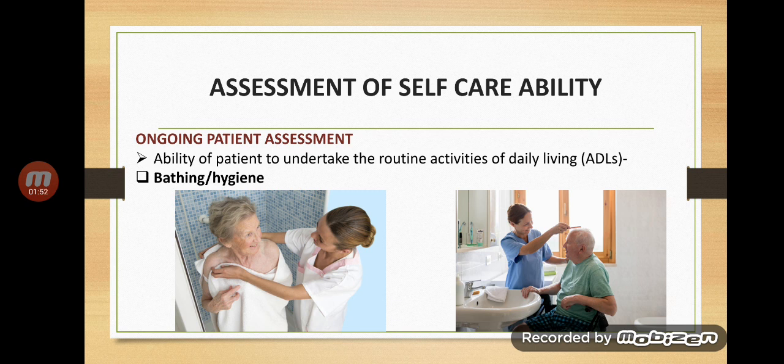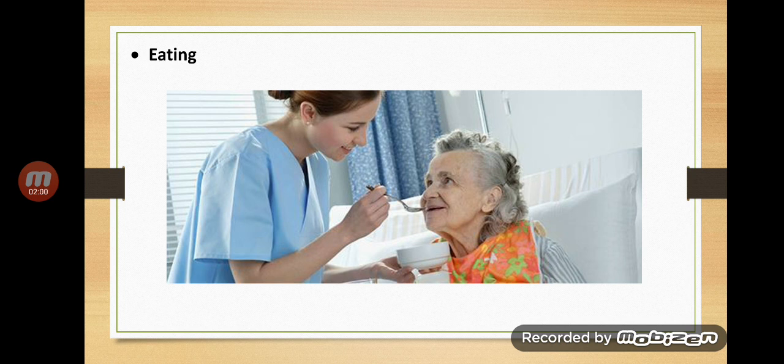Okay, and then next to bathing we have to see eating. Some patients are unable to eat by themselves, by their hand, or patients who have a fracture on their hand or any injury on their hand or any disease condition, any nerve problem.